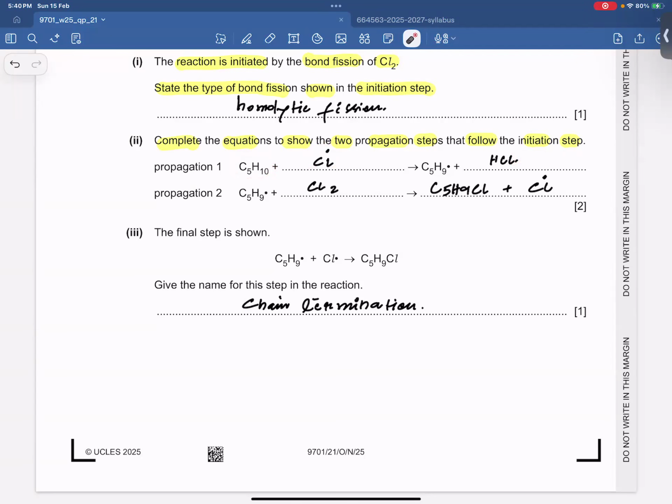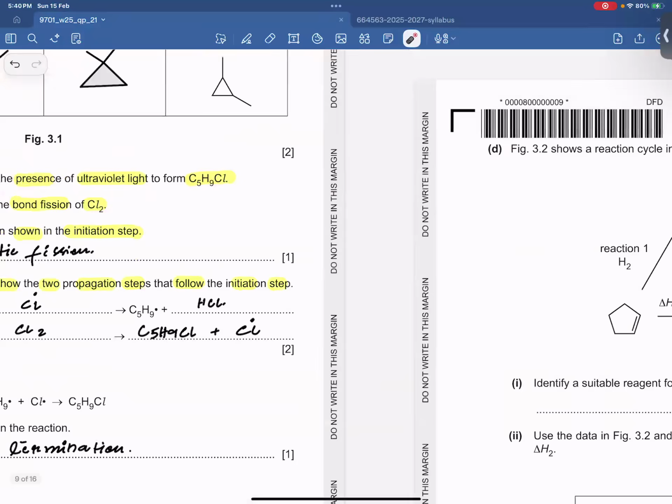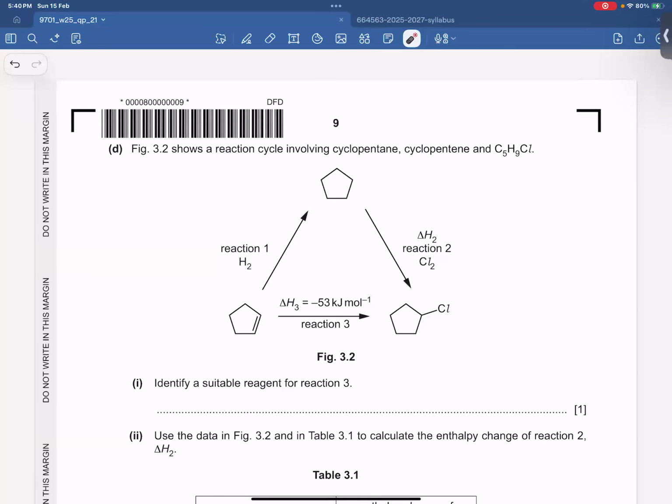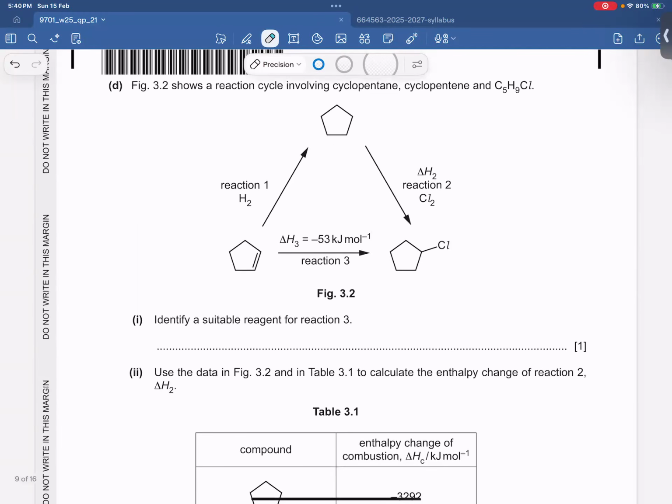Let me have some water, and let's move on to the next page. Figure 3.2 shows a reaction cycle involving cyclopentane and chlorocyclopentane. Identify a suitable reagent for reaction 3.